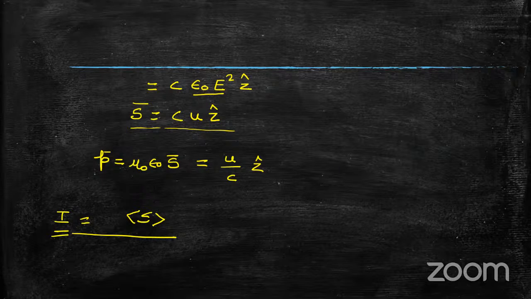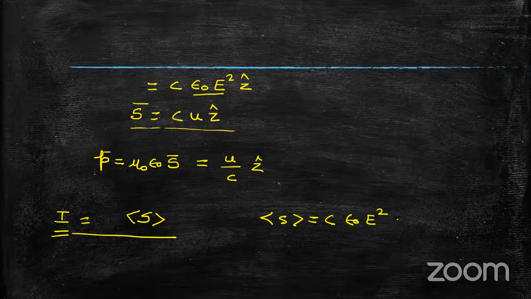That is like dividing by the square root of 2, 1 by square root of 2, right? So the average value of S, which is basically c epsilon 0 E square.